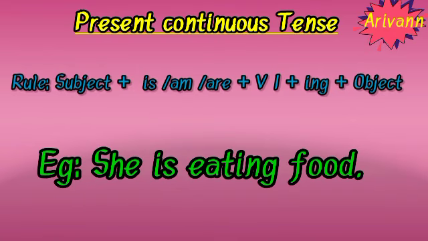The first form of verb V1, that is verb 1, here is eat, and plus ing has been added to it followed by the object food. Here object is food. In this way you need to follow the rule to form present continuous tense.